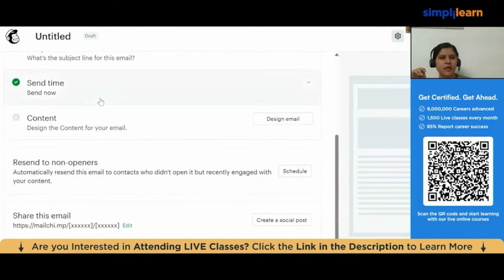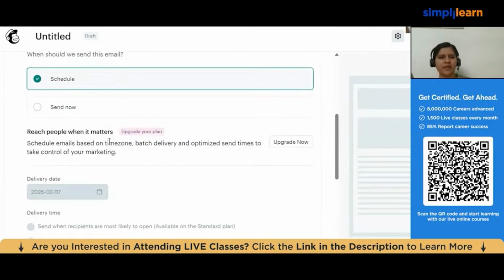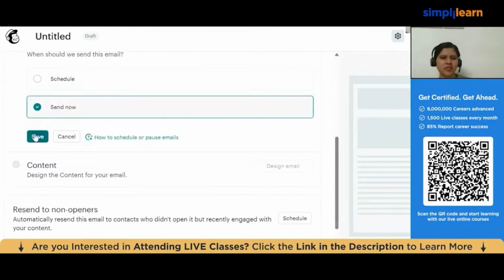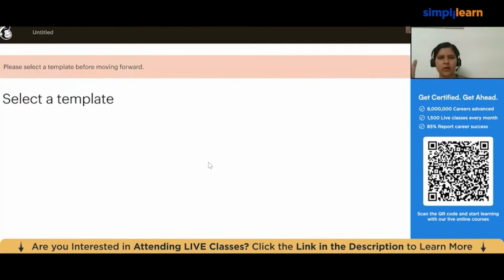And now send time, you can schedule it. Okay, if I want I can schedule it, but by the way, if you want to schedule it, you'll have to buy the premium. The free tool doesn't allow you to do that. Okay, you have to upgrade your plan, if you could see. But I'll just say send it now. Now here I have to create my content. Okay, so I'll say design my email, and this is where you get a lot of templates.